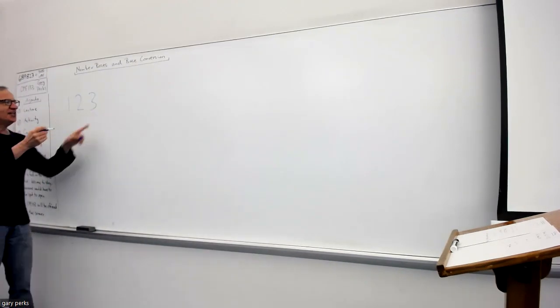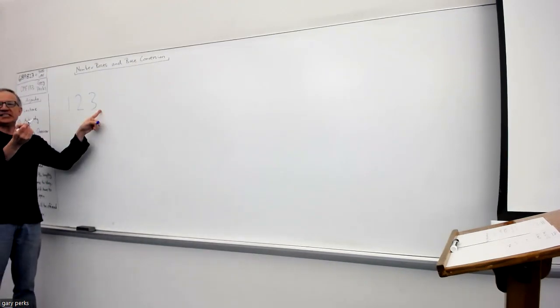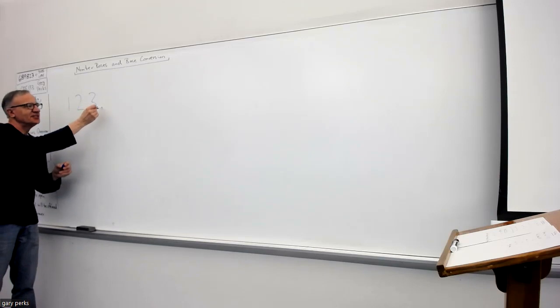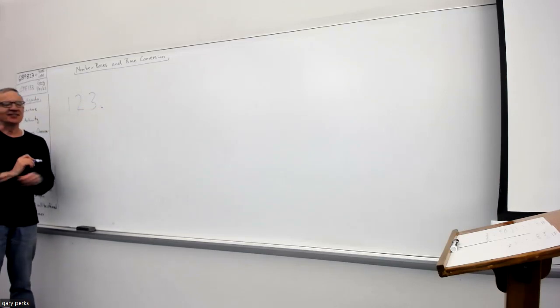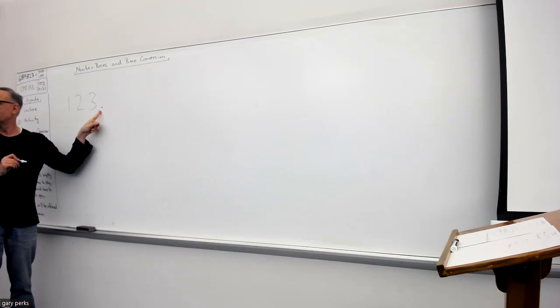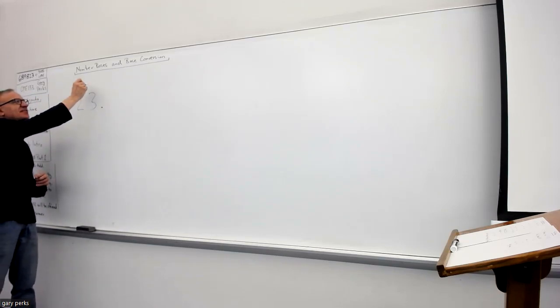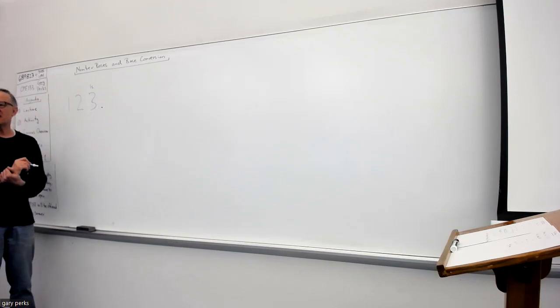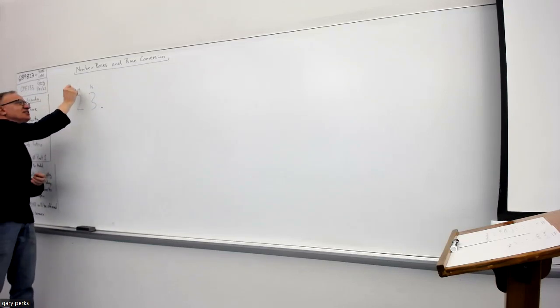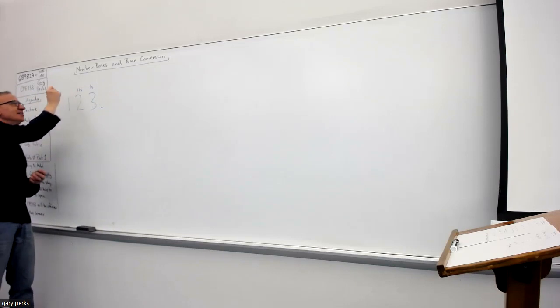you were told that even if it's not explicitly written, there's this dot. What do we call that dot? The decimal point. Just to the left, that's the ones column. Then comes the tens column, then the hundreds column, and so on.